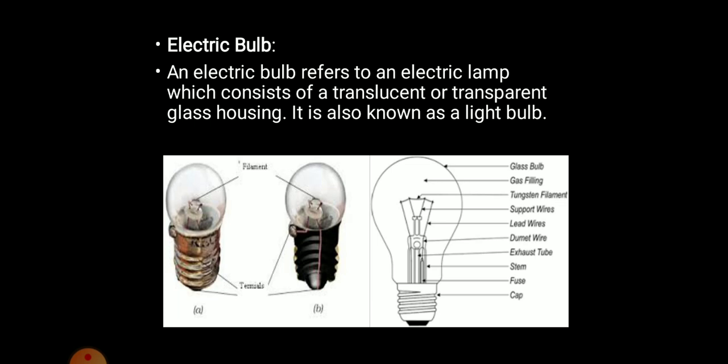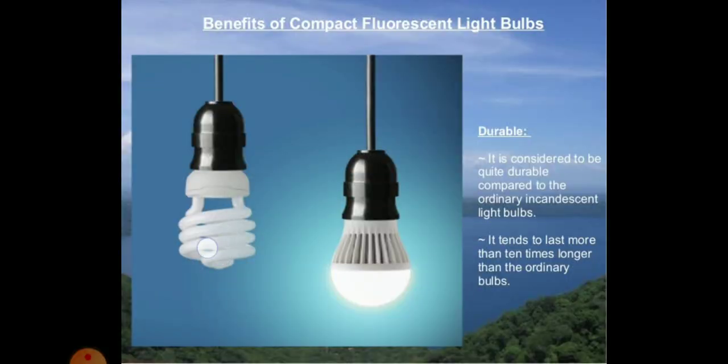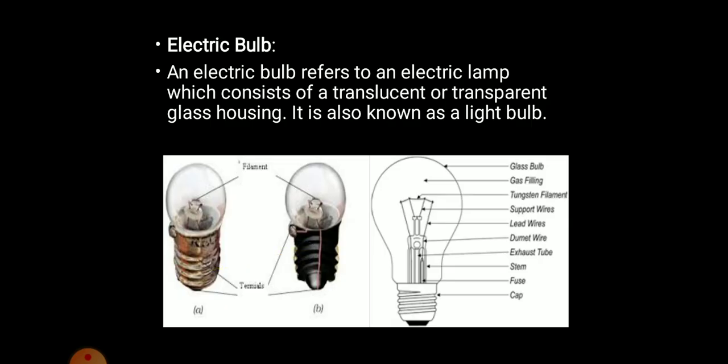The same thing applies to this bulb, which is used in torches. This portion is the terminal point. These two are terminals, and in the small filament, a thin wire is there in this bulb also.